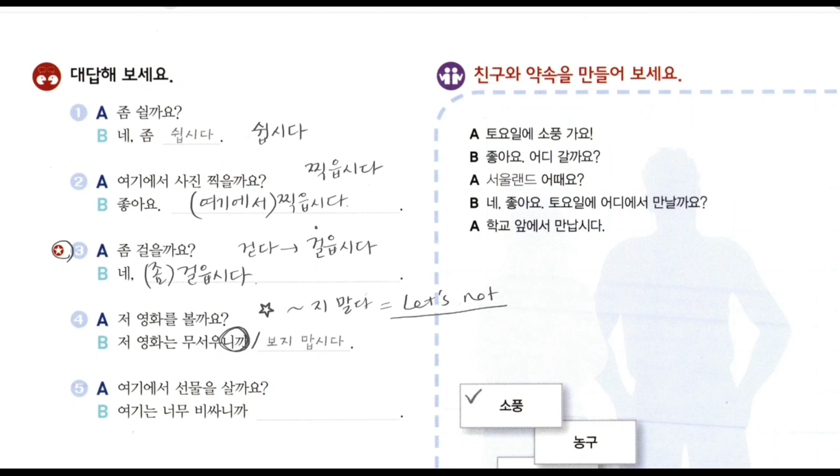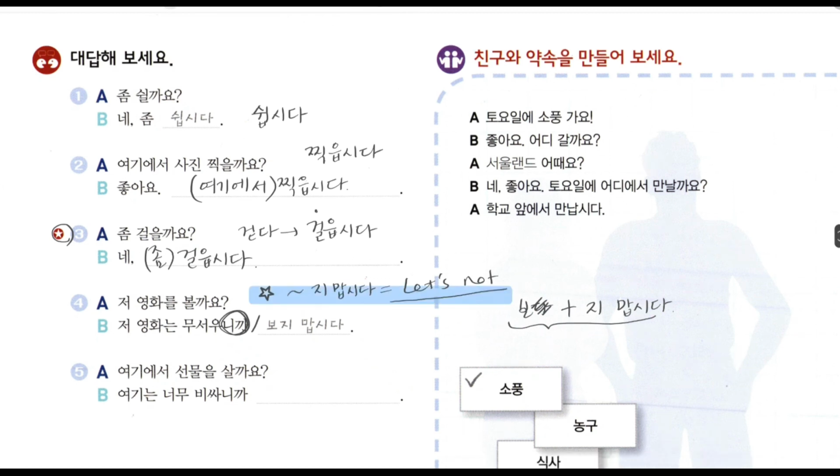Let's not watch it. 어떻게 만들었어요? 보다 플러스 지 말다 있어요. I better say 지 맙시다. Okay, let's put 지 맙시다 all together. 보다 get rid of 다 and just put them together. 보지 맙시다. Let's not watch.